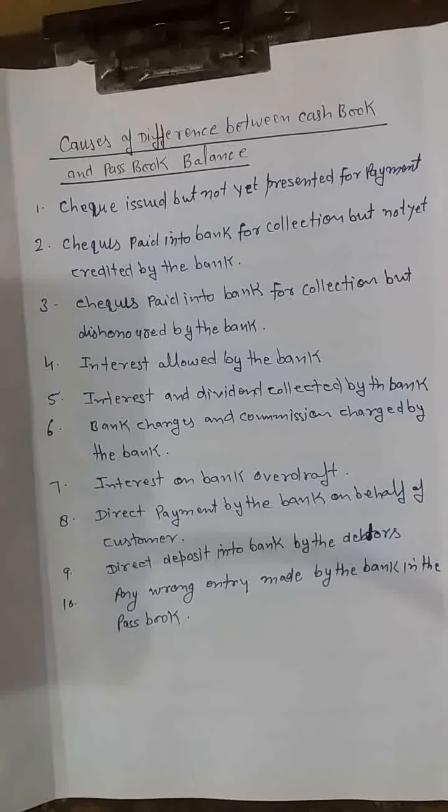But the party has no information on the same till it is informed. Thus, the balance shown in the cash book is more than the balance shown by the passbook.